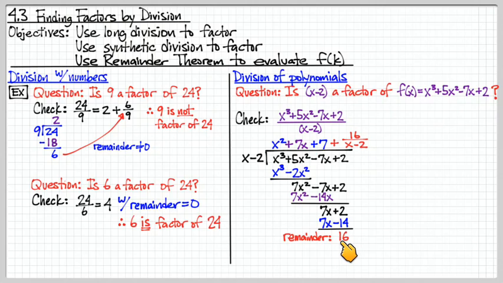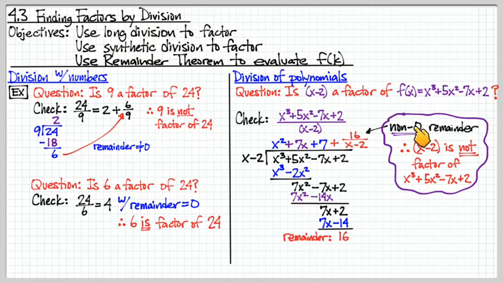The remainder is 16. We put that right up here. Again, because the remainder is non-zero, we say x minus 2 is not a factor. If we had a nice clean 0 remainder, it would be. And so the idea of a factor is the same whether we're talking about numbers or polynomials. Let's look at how to divide in more detail now.